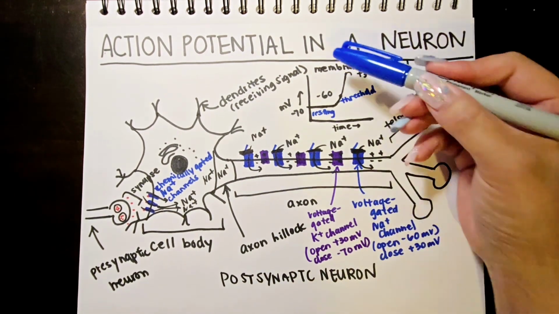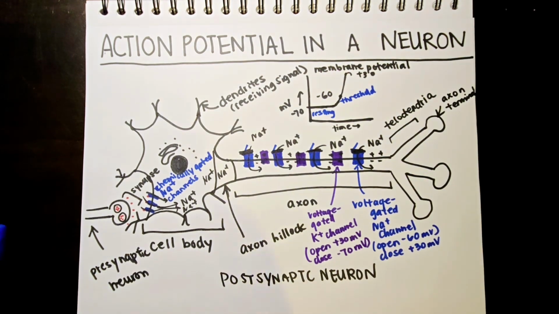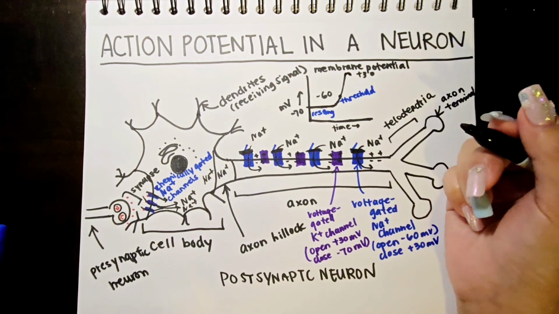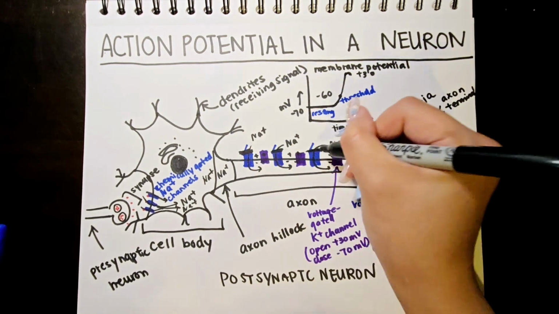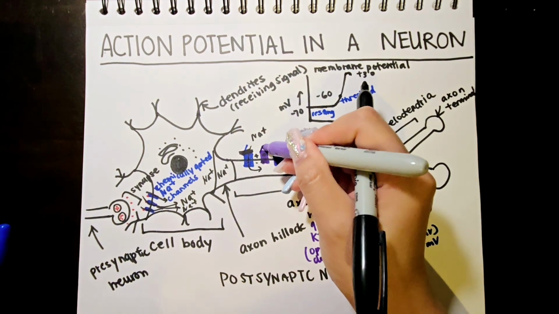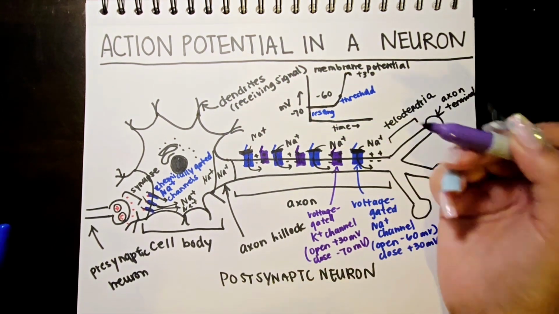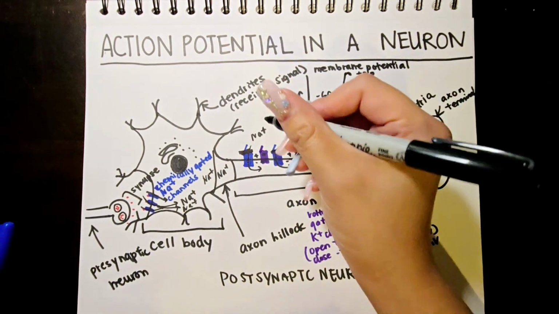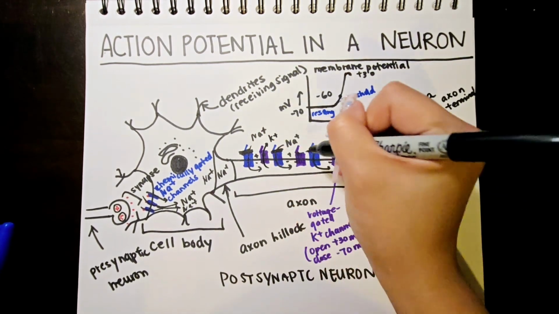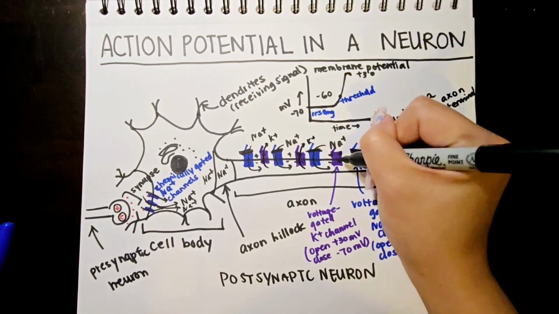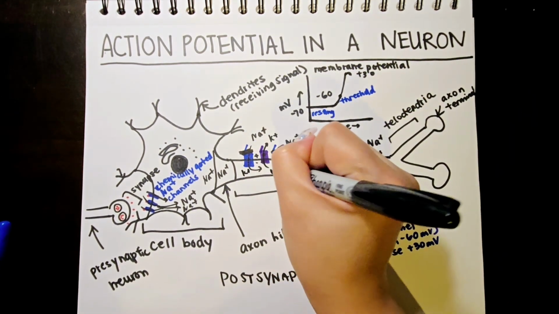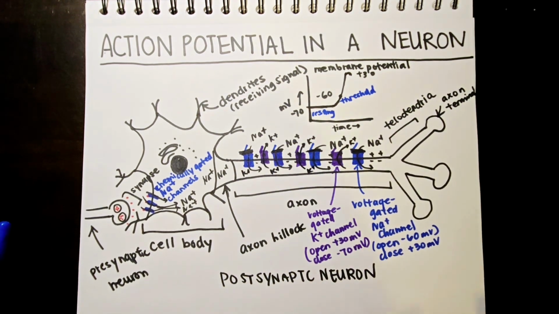So when the membrane potential at this point right here has reached positive 30 up here, a maximum where the neuron membrane potential can go, all the sodium ion channels are now closed. On the other hand, voltage-gated potassium channels will now be open. Once it's open, it drives potassium ions to move from inside of the cell to outside of the cell, because there are a lot of potassium ions inside the neuron.